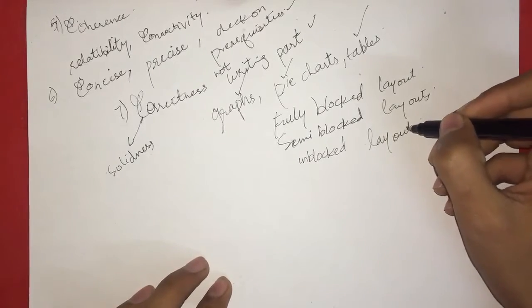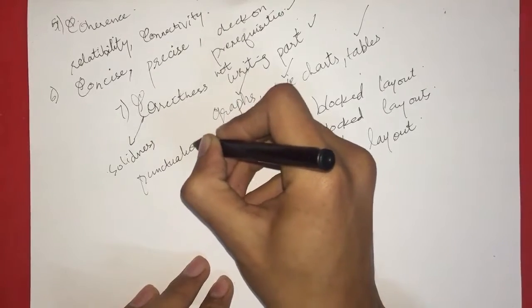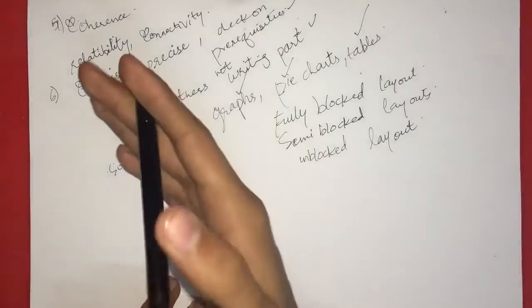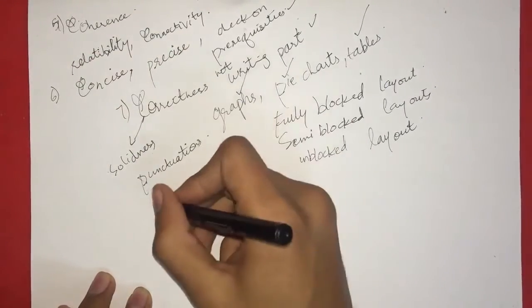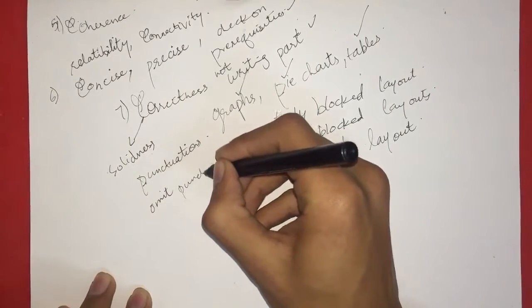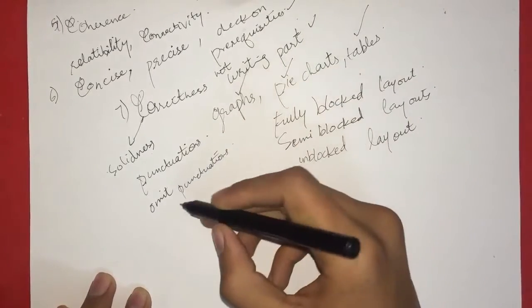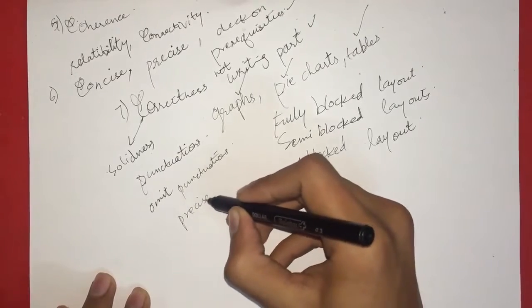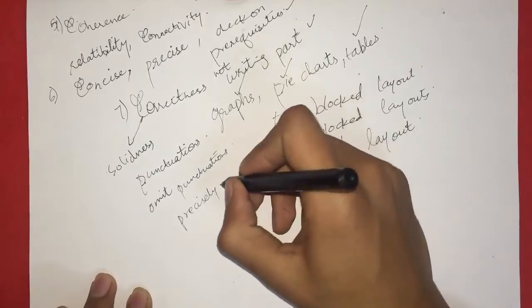Also, there's punctuation. I think punctuation is the most important part of a letter. There are two ways to write the letter. Either you completely omit the punctuation from the heading and from the foot of the letter, or you use punctuation precisely and accurately in the heading and in the foot of the letter.